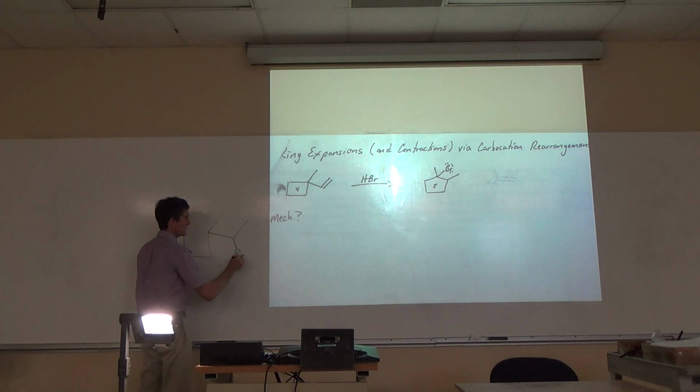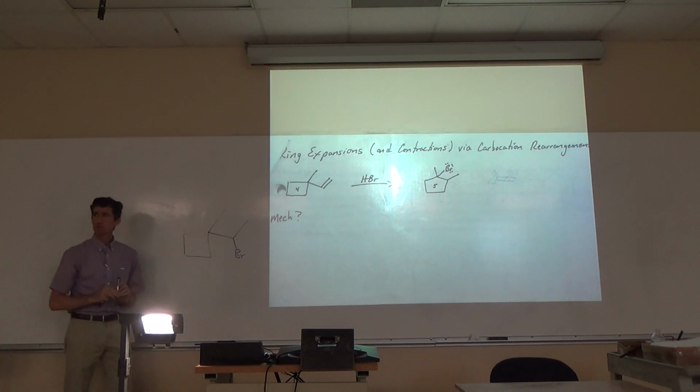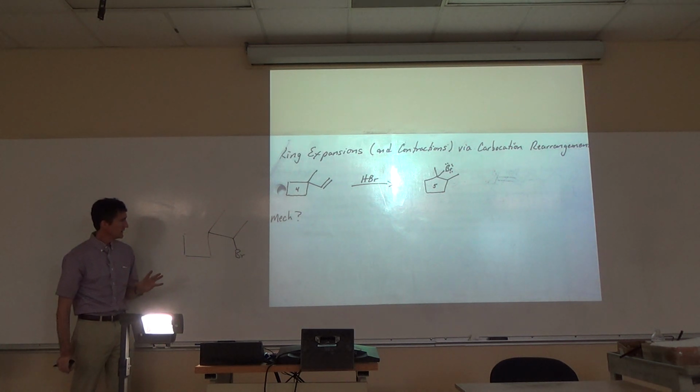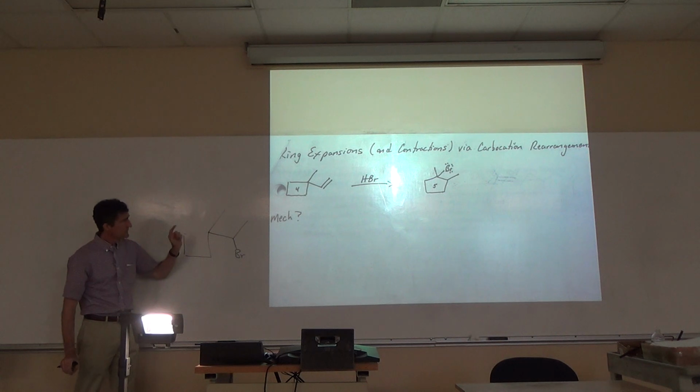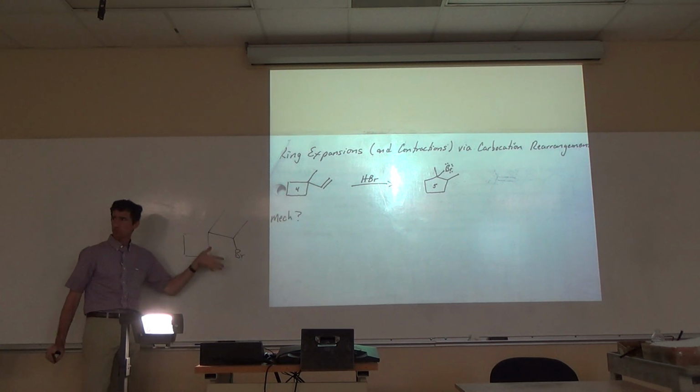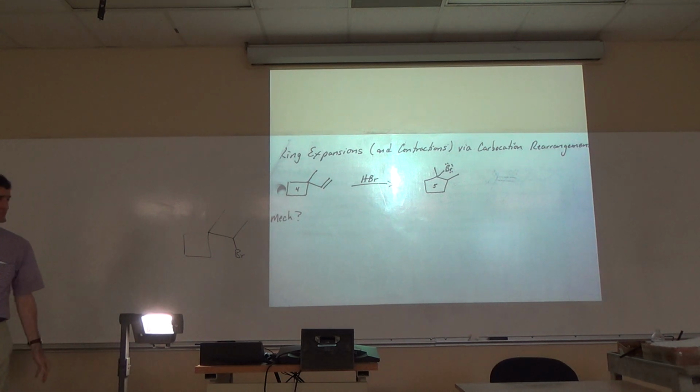Maybe here. HBr adds across the pi bond without any rearrangement going on. Where are you going to make the cation, top or bottom? Bottom, that's why I showed bromine here. Okay, that's a standard addition across the pi bond.